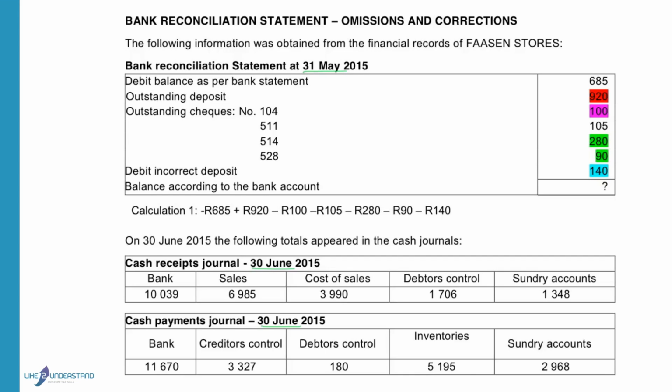Because if they still didn't appear on the bank statement for June, you will have to show it again on the bank reconciliation statement at the end of June, because then the bank will do it in the future.